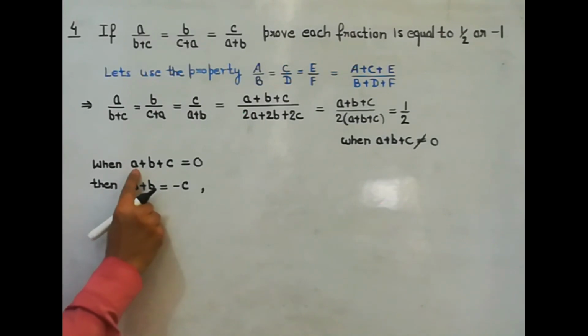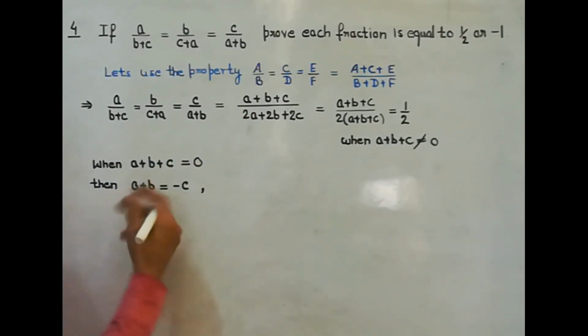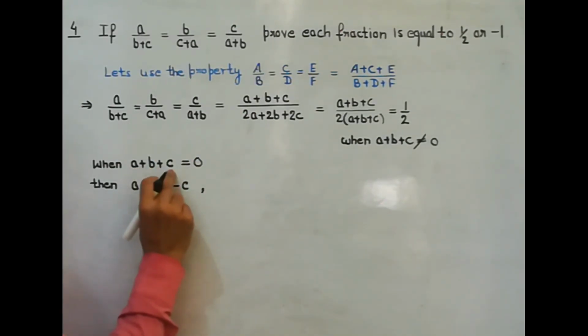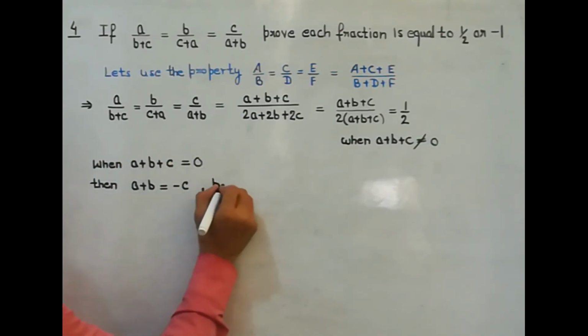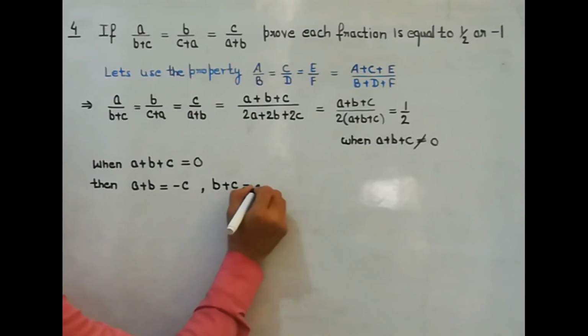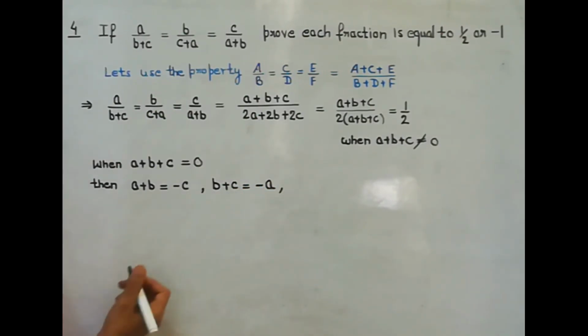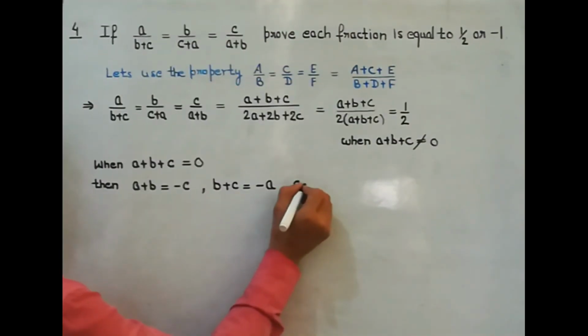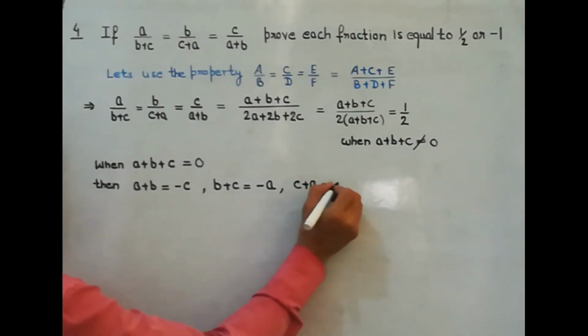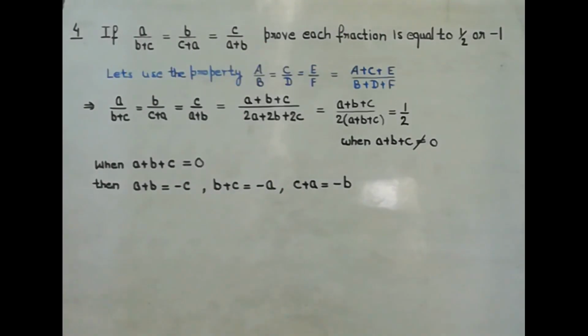Hope this is clear. A plus B is equal to -C, or B plus C is equal to -A, you transfer A that side, or you transfer B that side, so you will get C plus A is equal to -B.